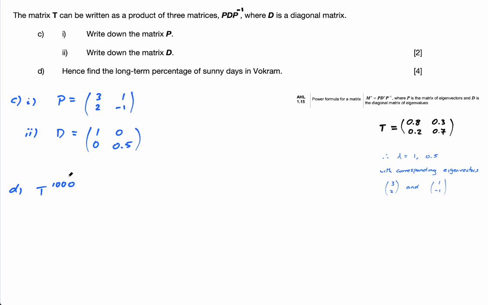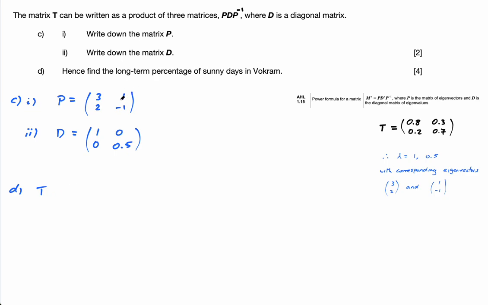Because when you look at really long-term probabilities, there's no way of predicting what's going to happen in 100 days any more than you can predict what's going to happen in 1,000 days. So we end up with what he's calling a long-term percentage of sunny days in Vokram.